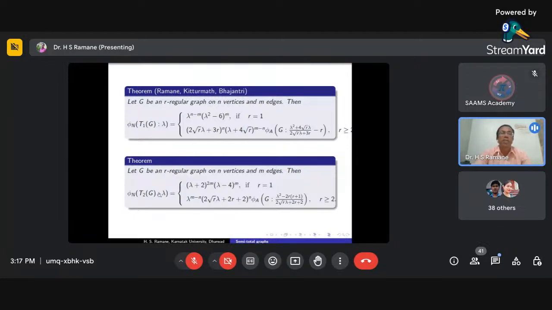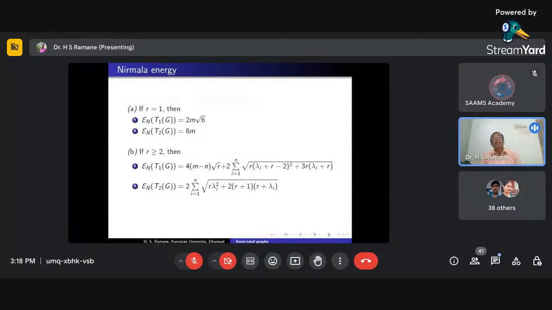Similarly, for the semi-total point graph, we can get the Nirmala polynomial in the form of a characteristic polynomial of graph G with this parameter. So again, knowing the adjacency eigenvalues of G, we can easily get from this expression the Nirmala polynomial of T1G and T2G.